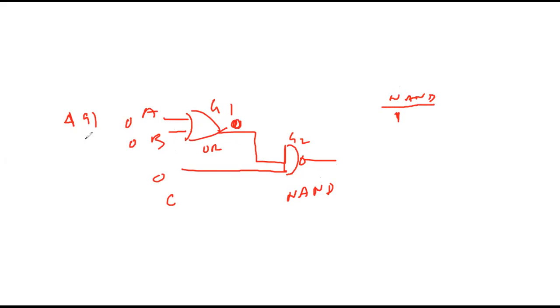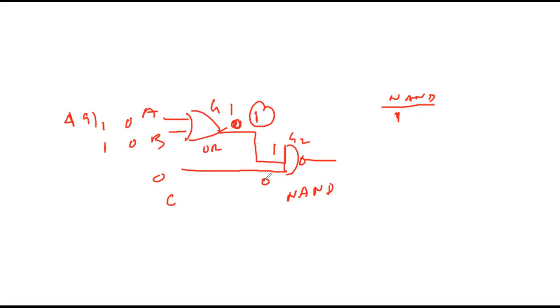And in second case, A equal to B equal to 1. So 1, 1 will give me output here 1. C is still 0. So 1, 0 has no output in AND. If no output in AND, here it will give you output ulta.